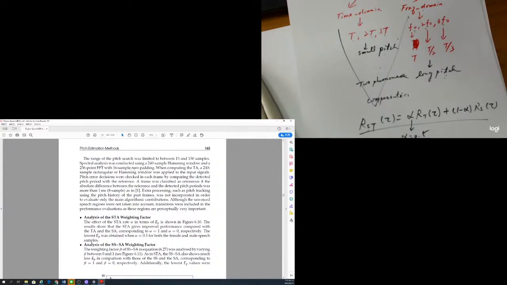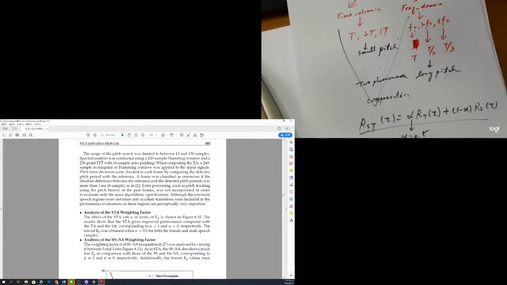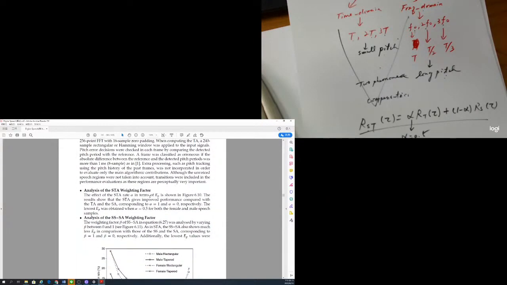This is more like pre-processing. If you have removed some information in pre-processing, then when we find a pitch, you can remove the long-term and short-term prediction.